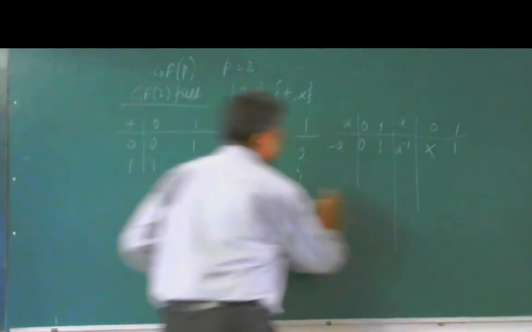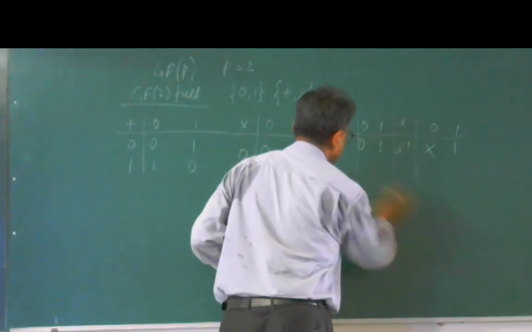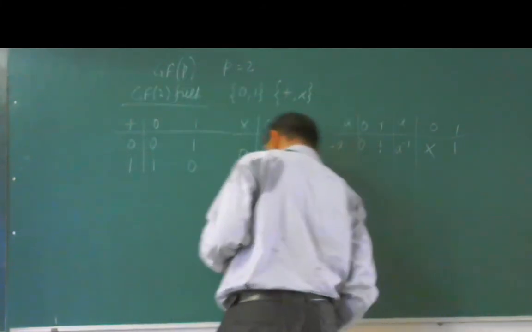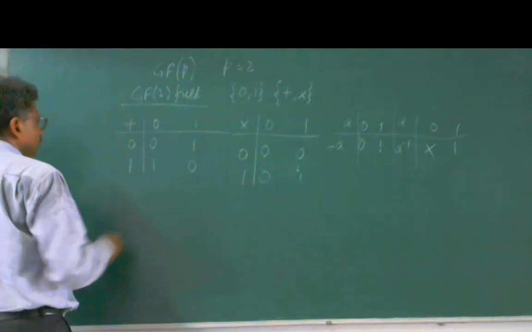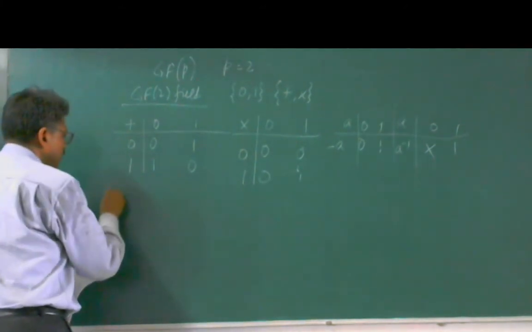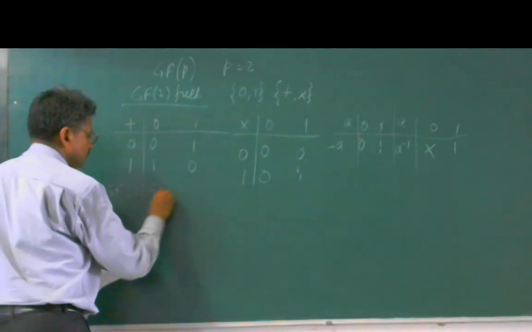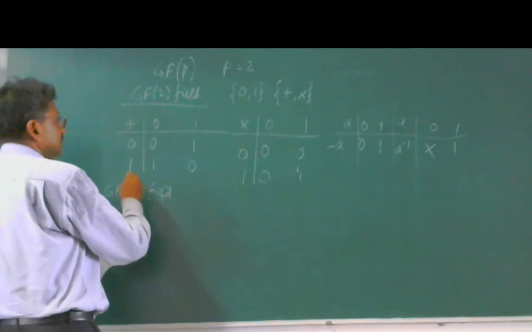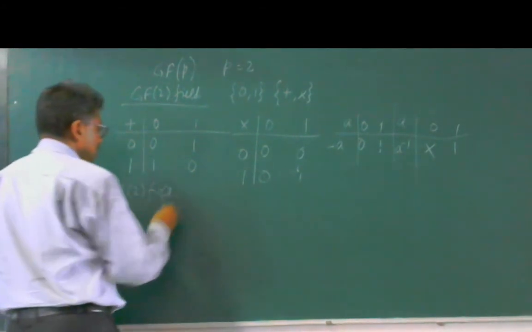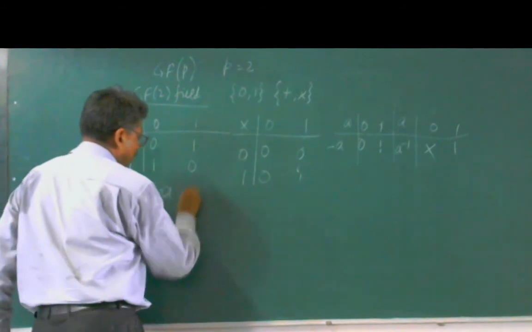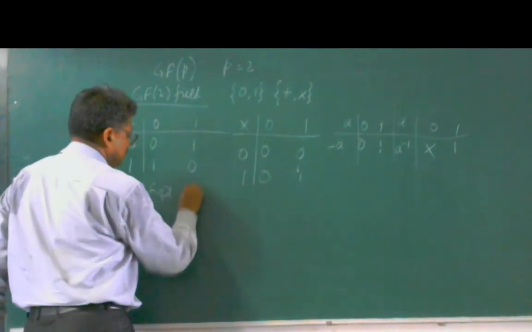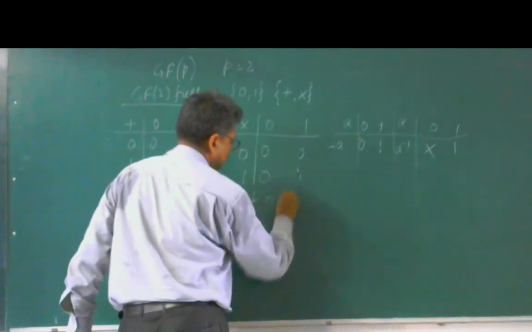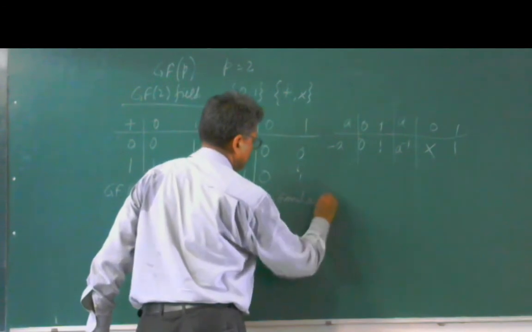So you see, these are analogous to the operations we have studied in binary. If we are talking about the GF(2) field, the addition operation as well as the subtraction operation is similar to the XOR operation.